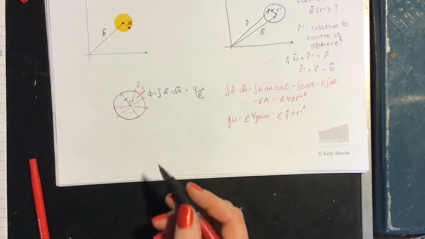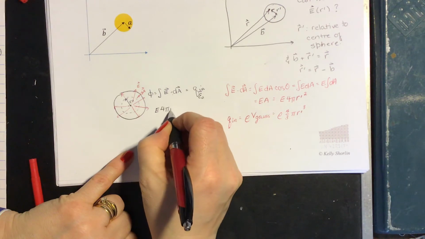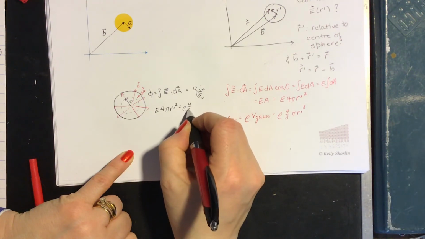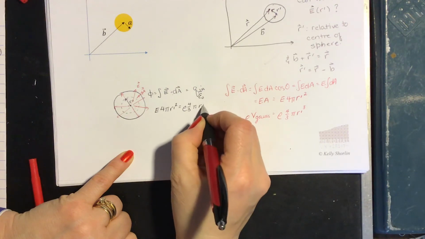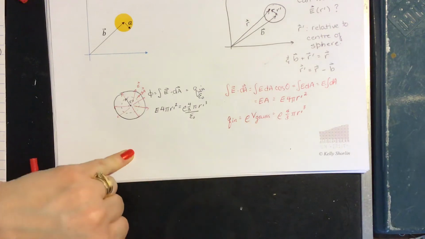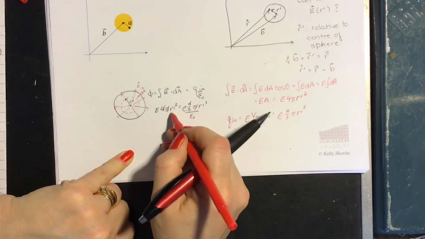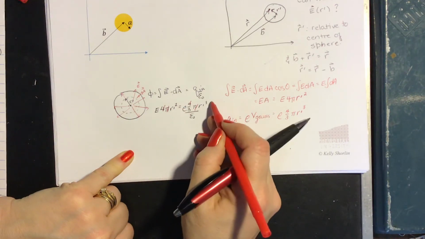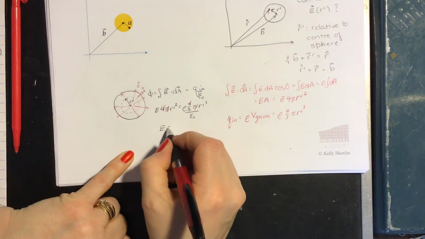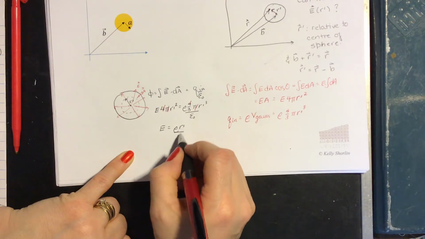So E times 4 pi times r primed squared equals rho times 4/3 times pi times r primed cubed over epsilon naught. 4 pi's on either side cancel. R primed squared here divides into r primed cubed to leave us with r primed. So E equals rho times r primed divided by 3 times epsilon naught.